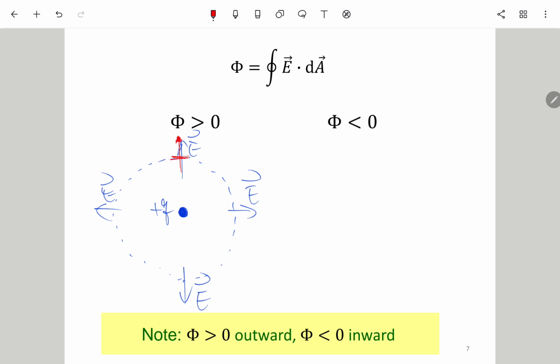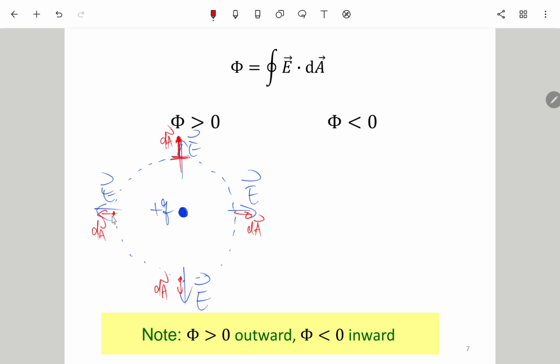In such a way, dA is pointing upward at this point, and dA is pointing to the right side at this point, dA is pointing downward at this point, and dA is pointing to the left side at this point, something like this.